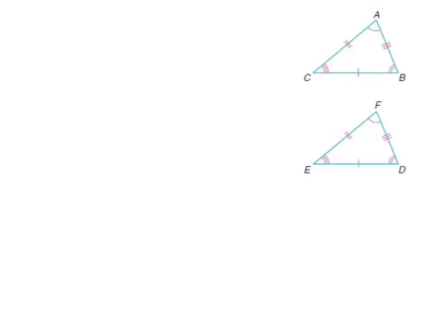Likewise, AC to FE, as they're both indicated as congruent in the diagram, and AB is congruent to FD. Also, notice that angle A within the first triangle and angle F within the second triangle have one arc.